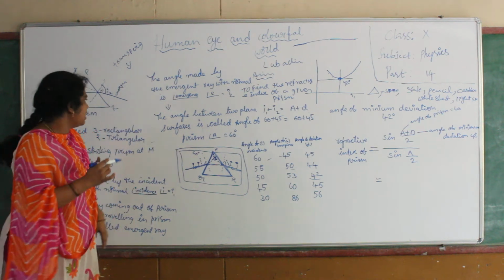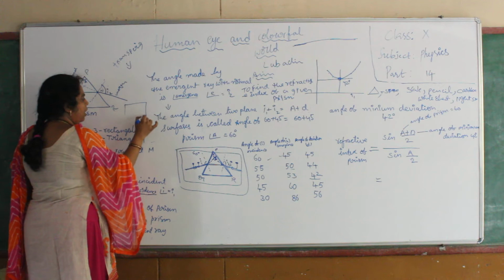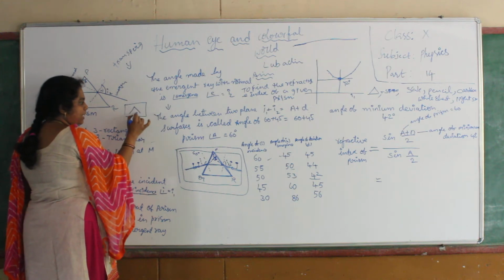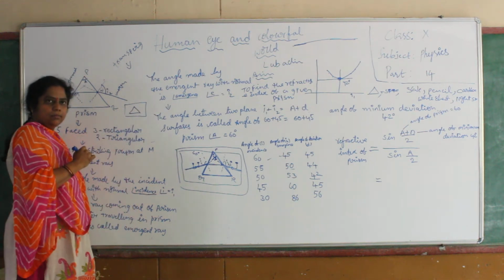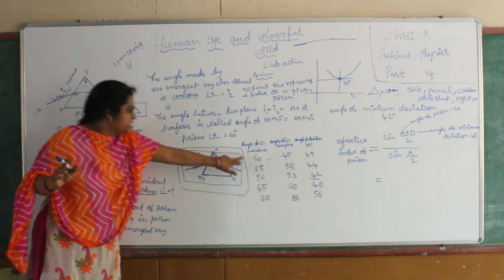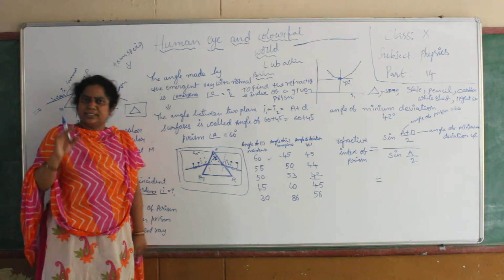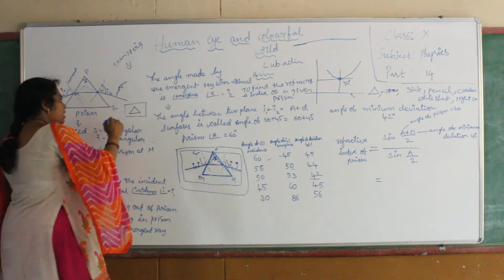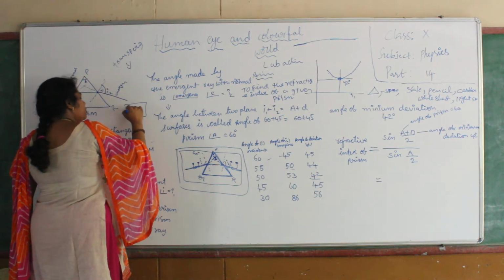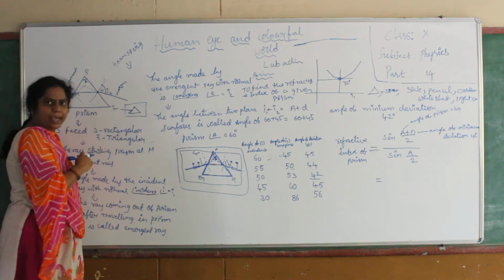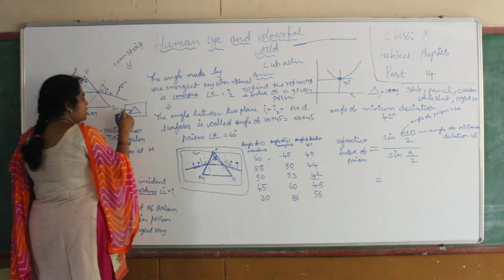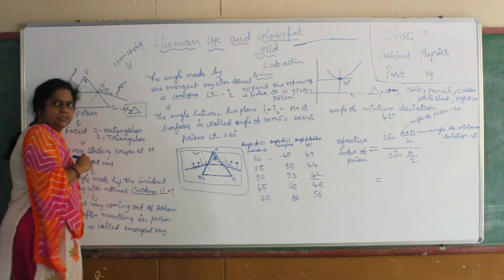What is the procedure? You have to take a paper. On the paper you draw the outline of the triangle. Take some angle. Let it be 60 degrees or 55 degrees or 50 degrees or 45. Whatever it is, that is your incident angle. Keep the protractor here and with that angle draw a line. On that line fix two pins.